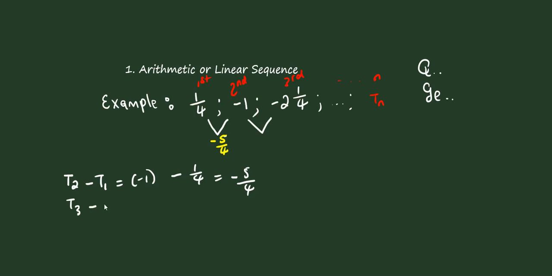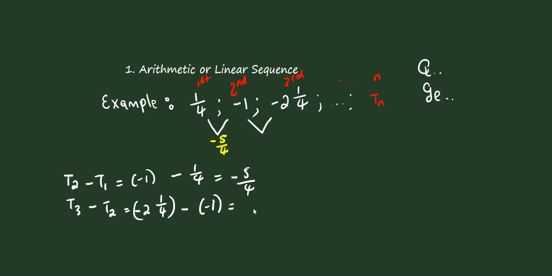We say t3 minus t2. In the third position we have -2 1/4, and then we say minus -1, because -1 is the term in the second position, your t2.